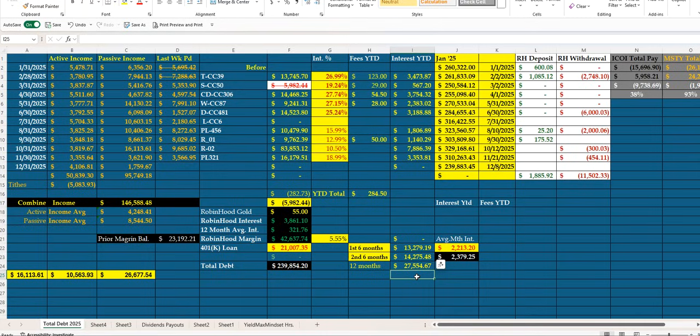I intentionally did that because the plan going into 2026 was that my monthly income was going to be between 15 and 20K. But because I bought some more positions, I got margin call, and I'm back at square one in a sense.